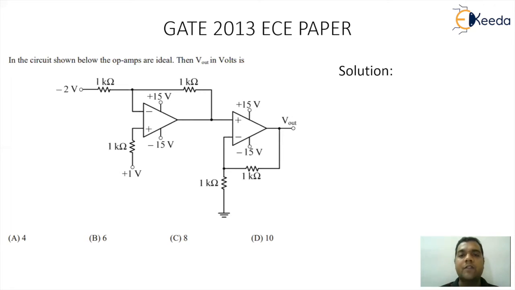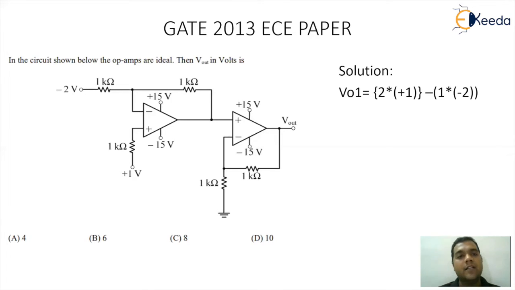So when we start with the solution, the value of VO1, that is the output of the first amplifier, will be the input. So here, when you consider plus 1 volt as an input, that time the minus 2 point will be grounded and the gain of the circuitry will be 1 plus RF by R1, where 1K by 1K will give me 1 and then plus 1 will give me 2. So it will be 2 into plus 1.